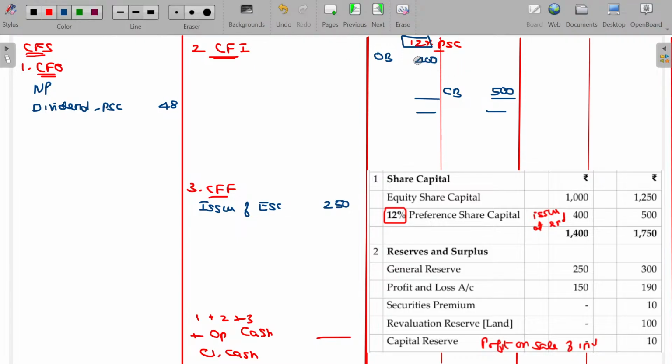Okay. So opening balance 400 and closing balance 500. 48 being dividend, I post that value here. Dividend for preference share, hidden adjustment.